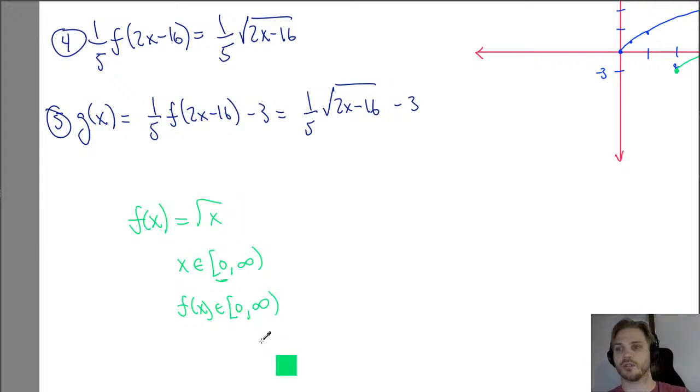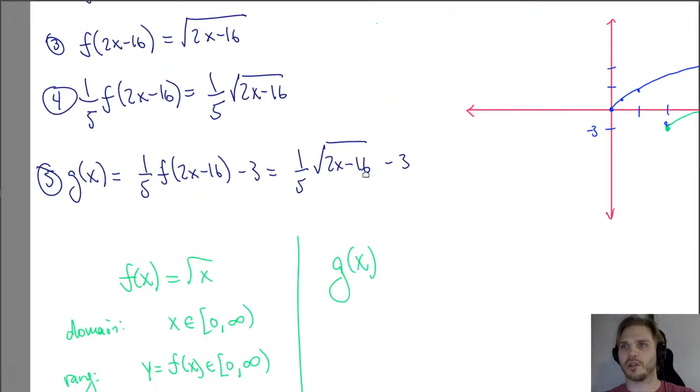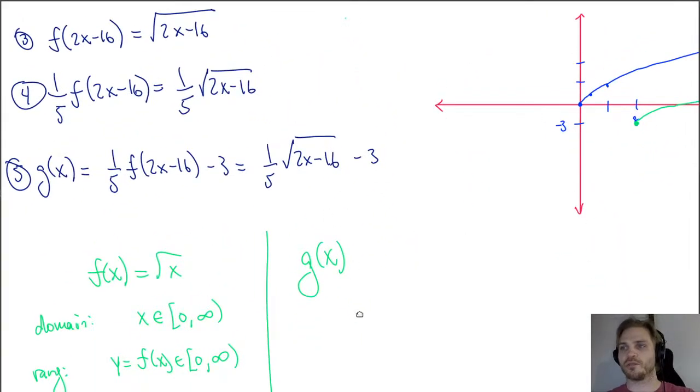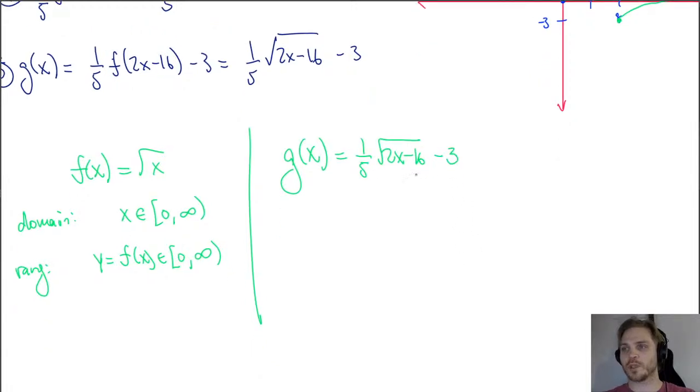So that's the domain and range for f of x, and then g was the function that we were given, I think. Yeah. So for g, you have to think about what are the restrictions on the square root function.